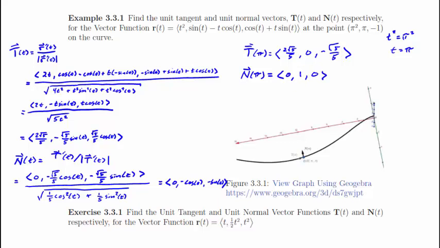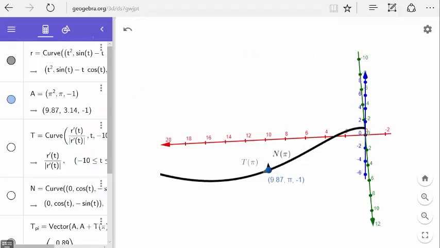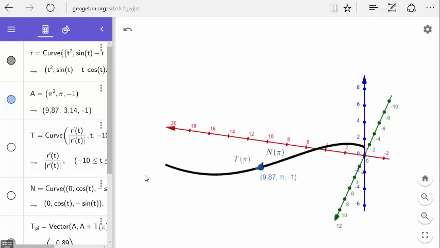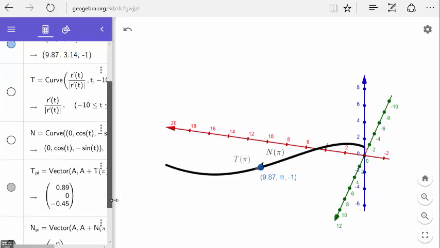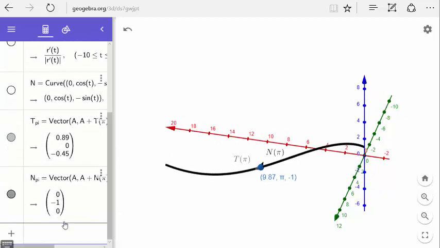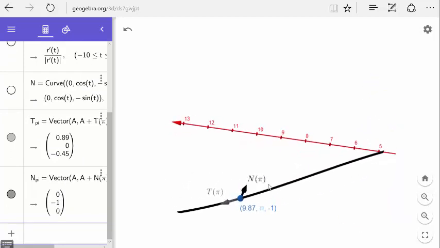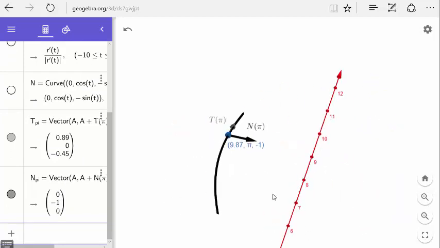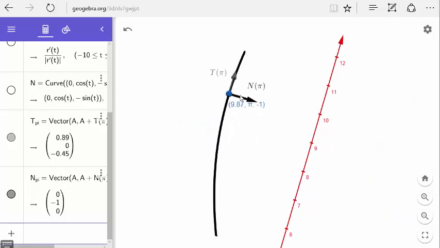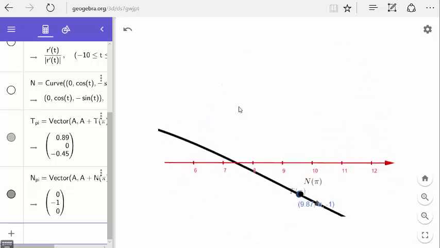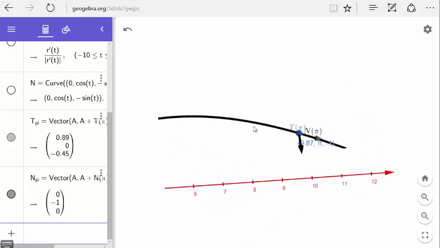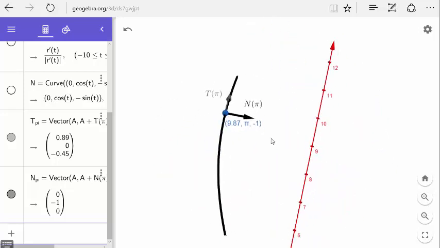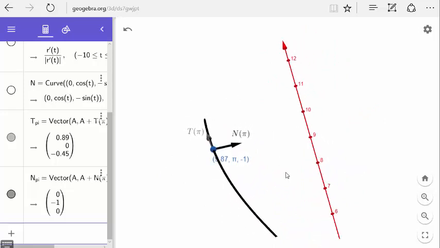So these should be at right angles to each other. Let's go back to the graph real quick. We get the same things here, and when we graph these from this point, we see that the tangent vector is going in the direction of the curve, and the normal vector is going at a right angle to that and pointing in the direction of the turn of the curve.